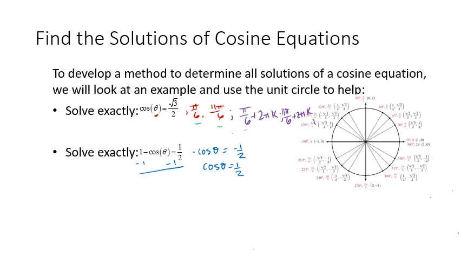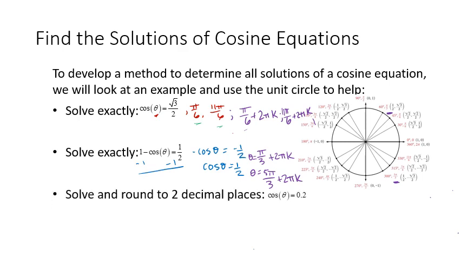And again, there's going to be an unlimited amount of them. Cosine equals 1/2 right here at pi over 3, and then also at 5 pi over 3. And then again, we're going to add all of those revolutions around the unit circle.